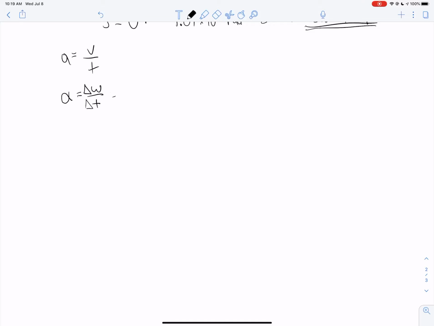The units for this will be radians per second squared, where here it was meters per second squared. As you can see, there's a lot of similarities between the two.